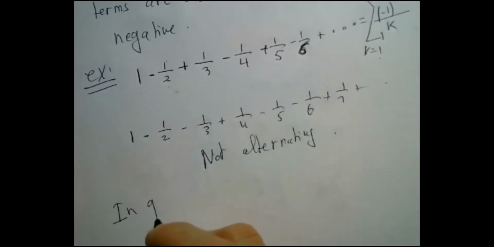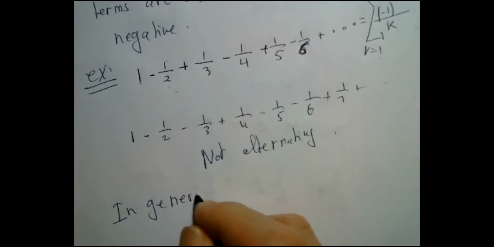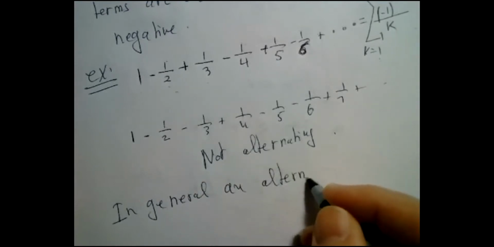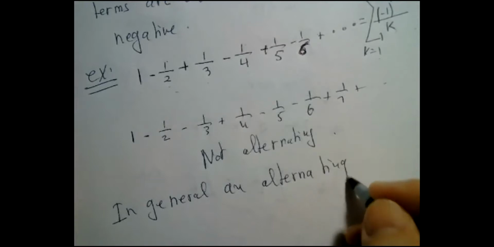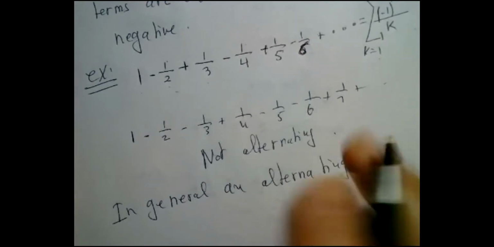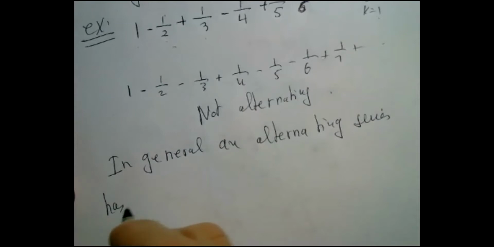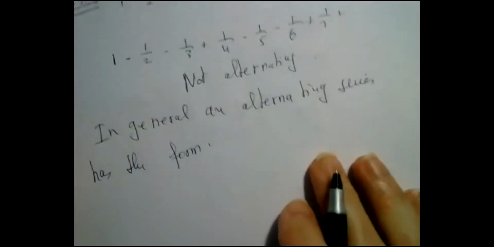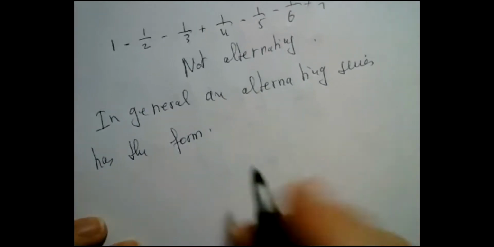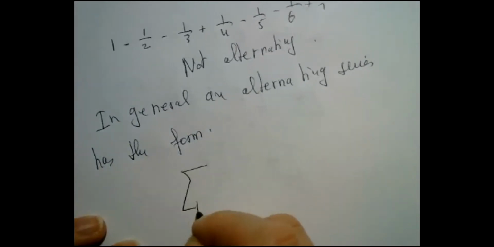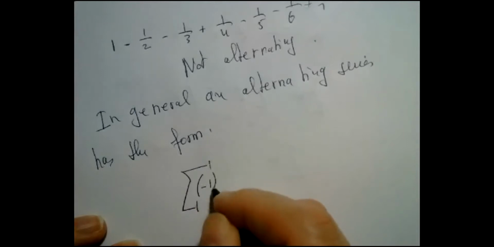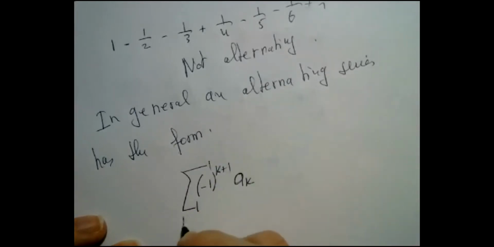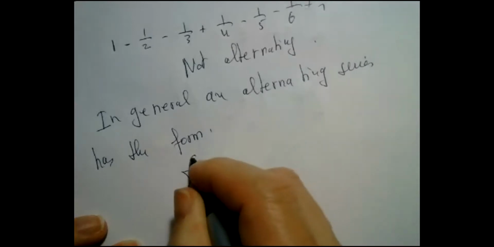So in general, an alternating series has the form, and I will use the form in your book, which is not my favorite form, but I will use it. So it has the following form: sigma, k equal 1 to infinity of (-1) to the k plus 1, a_k.